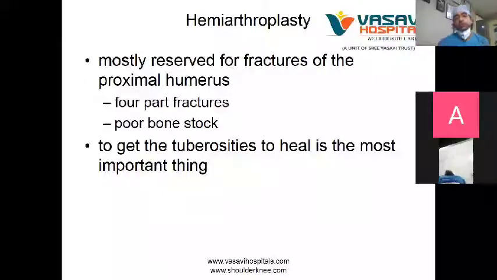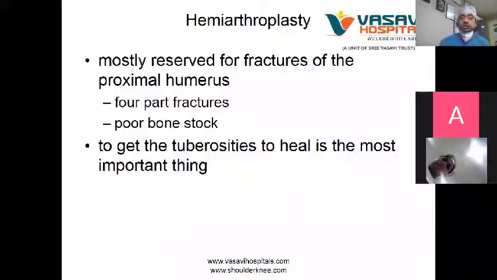The first option or the first thought of any humerus fracture is to fix it, but sometimes there are fractures where the outcome after fixing it is very bad, so we tend to do a replacement in those fractures, especially four-part fractures of the humeral head where the articular surface is involved, and those with poor bone stock.